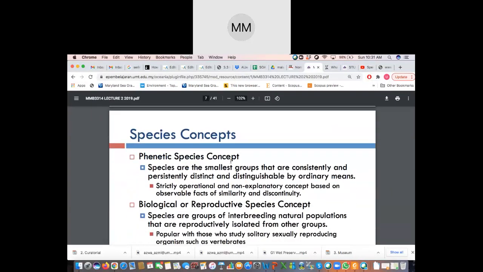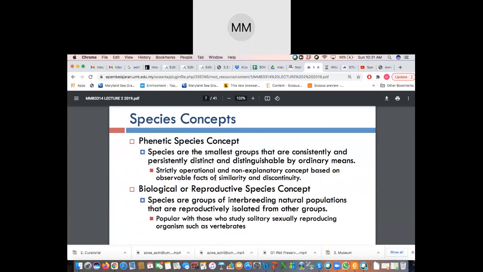The phenetic species concept: species are the smallest group that are consistently and persistently distinct and distinguishable by ordinary means. It is a strictly operational and non-explanatory concept based on observable facts of similarity and discontinuity.